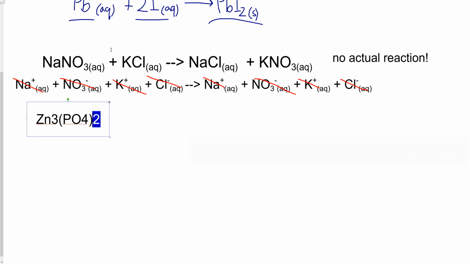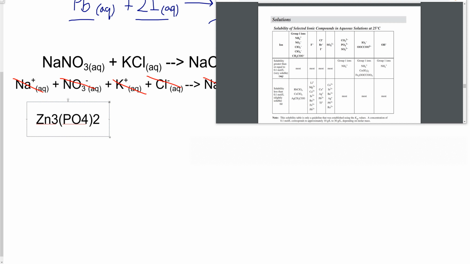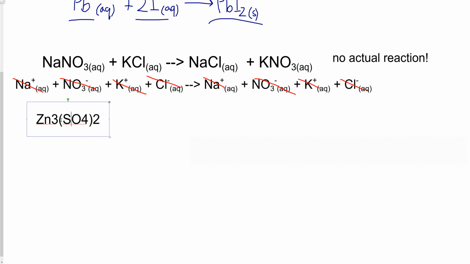Actually, let's check to see if that guy is even soluble. I have a feeling it's not. It's not soluble. So let's not use it. Let's use zinc sulfate, ZnSO4. We don't need the brackets, and we for sure don't need the 2, because zinc is bringing a +2 charge to the party, and sulfate is bringing a -2 charge to the party, so ZnSO4.